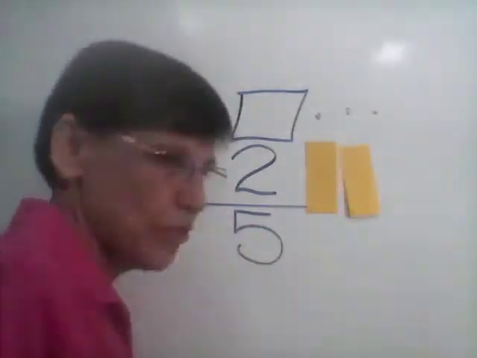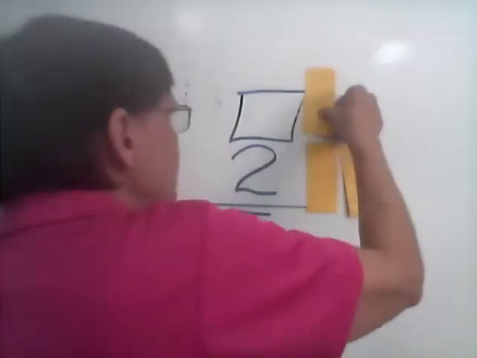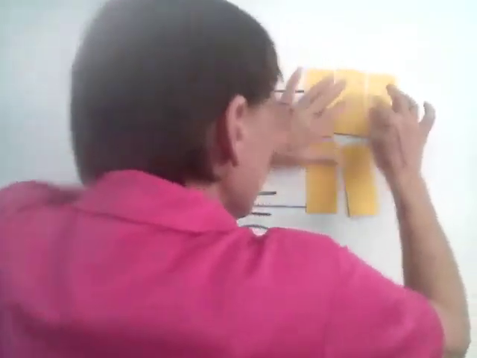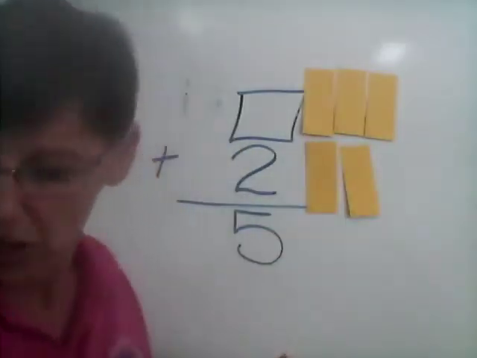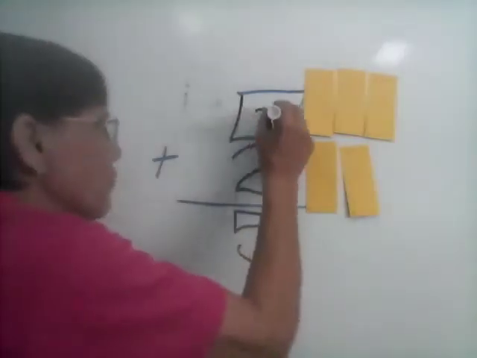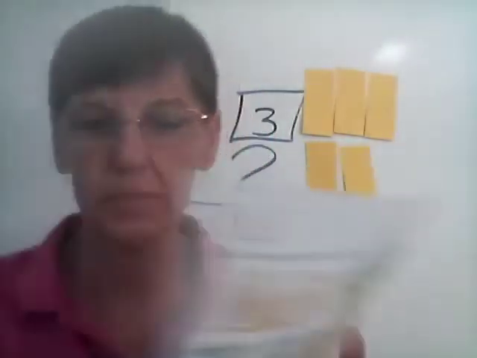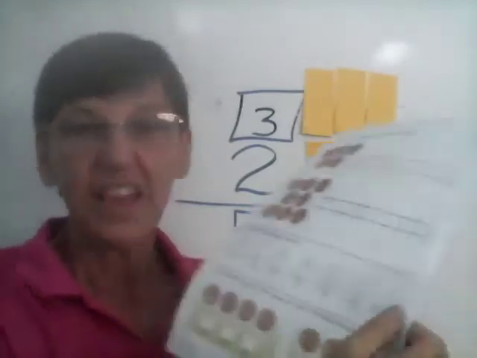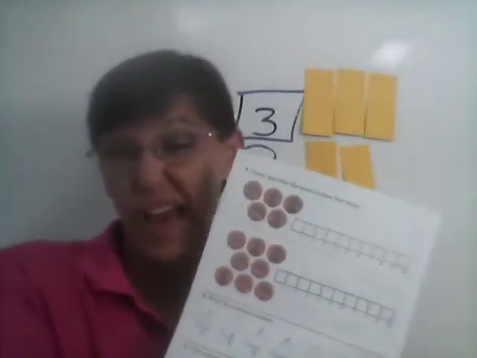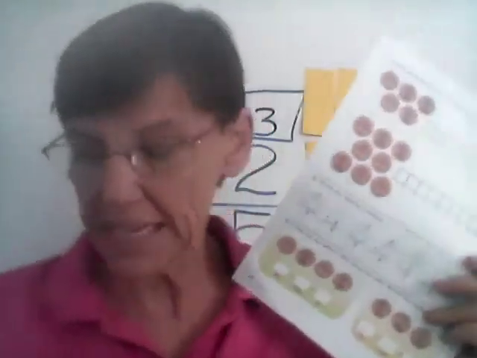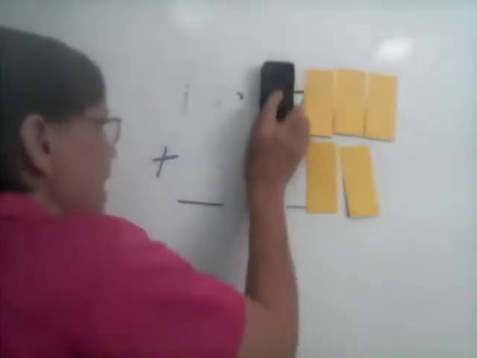Okay, see that? 1, 2, 3, 4, 5. So what number goes up there? 3. Okay? You do the last one all by yourself. See if you can do that. I bet you can.